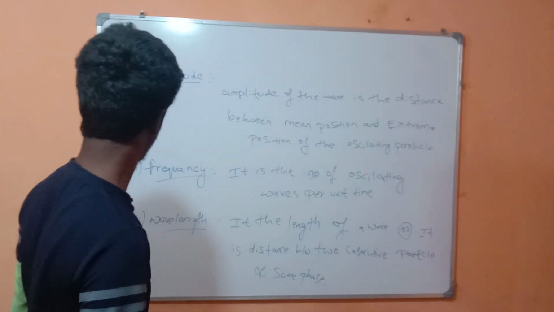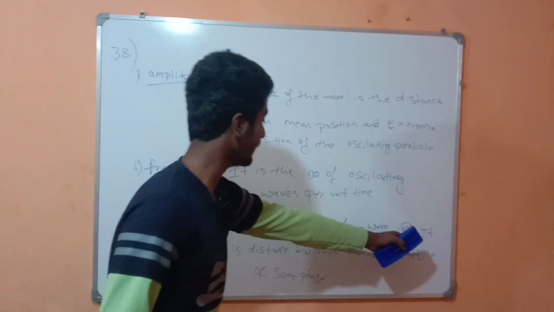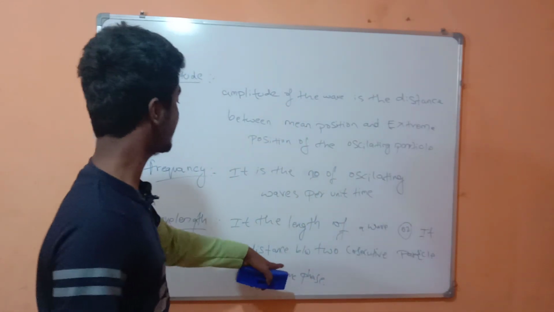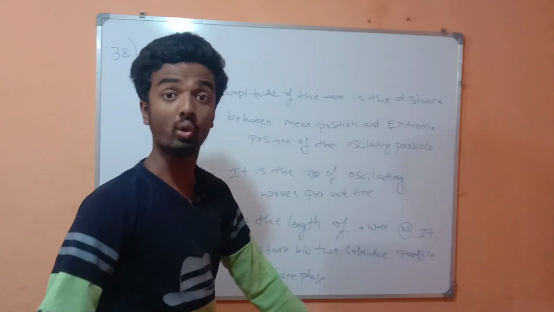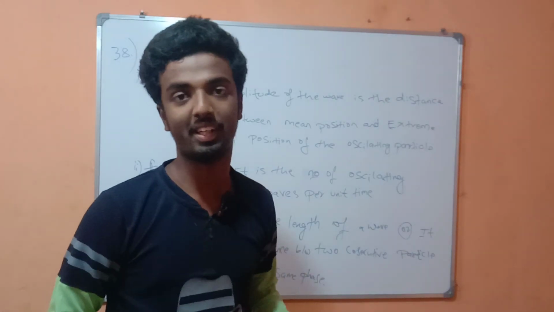Children, what do you mean by wavelength? It is the distance between two consecutive particles of the same phase, children.